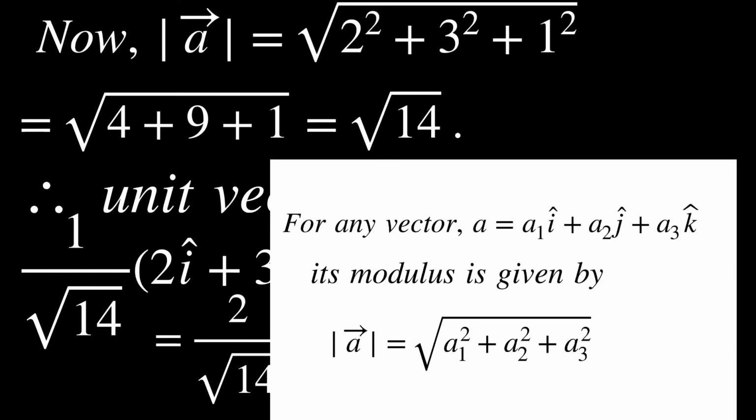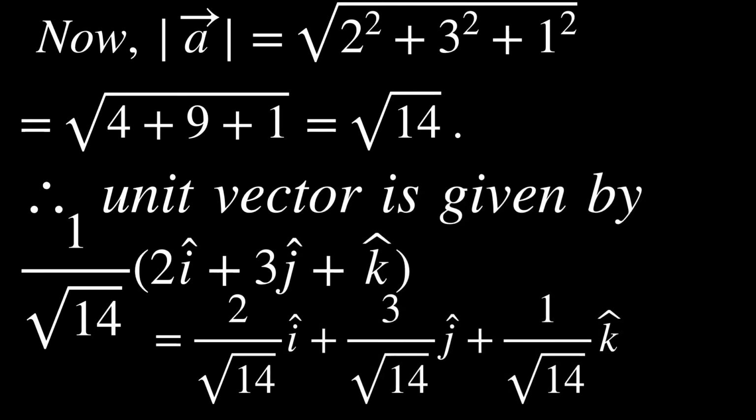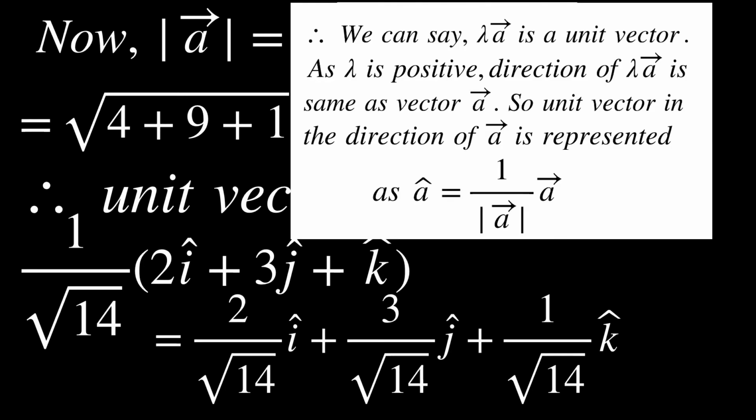So in this case, modulus of vector A is equal to square root of 2 square plus 3 square plus 1 square, which is equal to 4 plus 9 plus 1, which is equal to root 14. Now the unit vector can be found out by 1 by root 14 into 2i plus 3j plus k, which is equal to 2 by root 14 i plus 3 by root 14 j plus 1 by root 14 k.